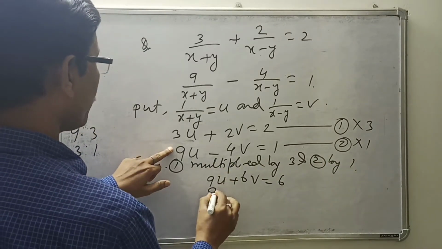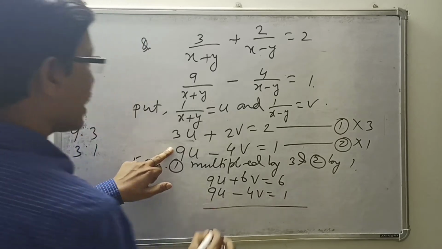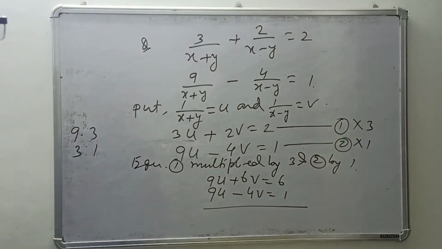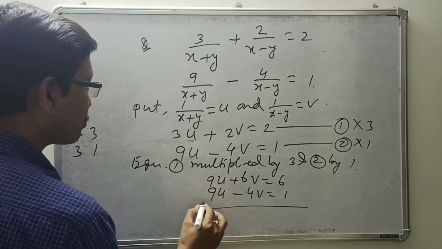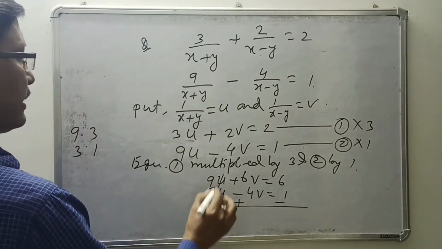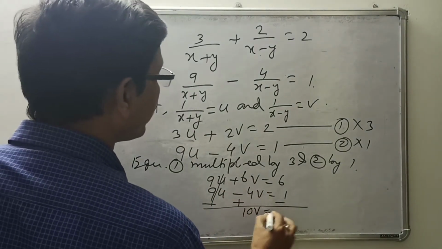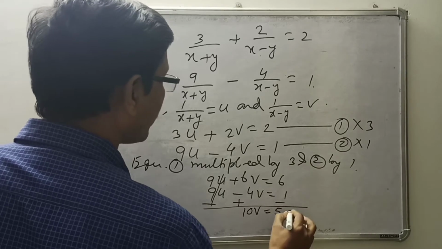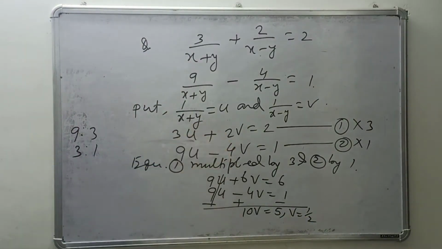Similarly, equation 2 multiplied by 1 gives 9u minus 4v equal to 1. Since u has the same sign and the same number, we have to subtract, which means changing the sign. 6v plus 4v is 10v, and 6 minus 1 is 5. So we get v equal to 1 by 2.